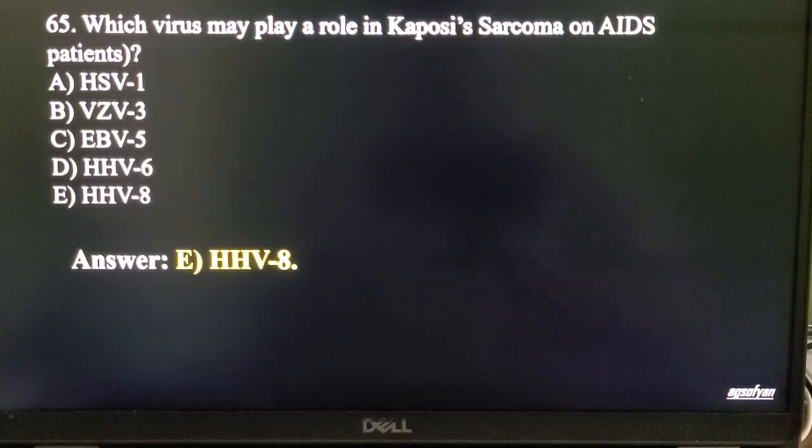This is a typical virus that can trigger Kaposi sarcoma, which is a kind of skin cancer in AIDS patients, and this is usually used as a determination of AIDS symptoms. So if they do have Kaposi sarcoma, it means that this AIDS patient actually has human herpes virus number 8.